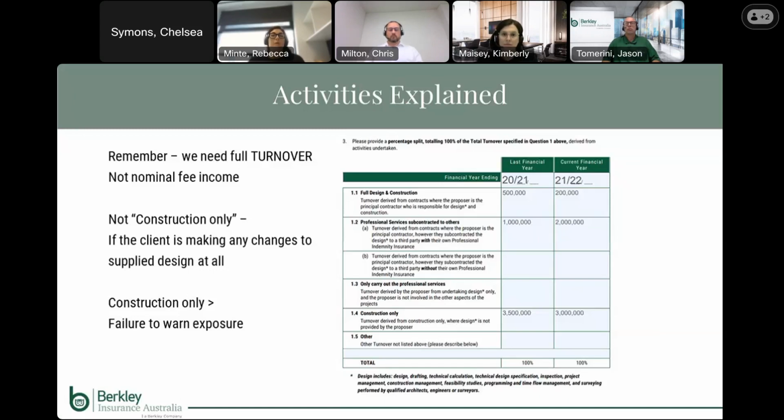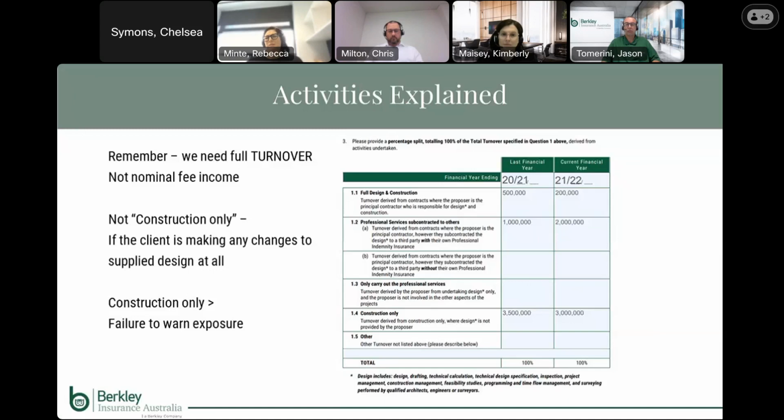So when we're looking at the projects being undertaken, we're also looking for repetitive design. For example, if your client is engaged to design and construct 20 townhouses, then it goes without saying that some of these homes are being built using the same designs. If there is an error in that initial design, then that's only going to be replicated several times and increases the loss exposure for the client.